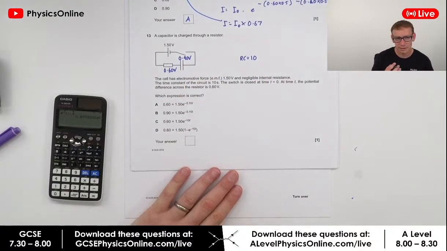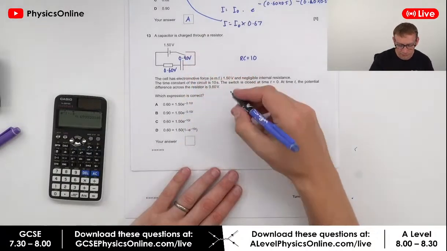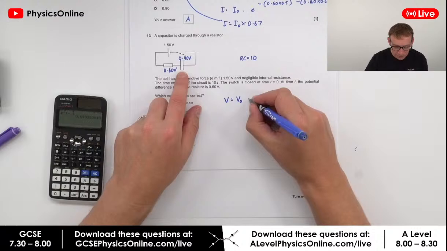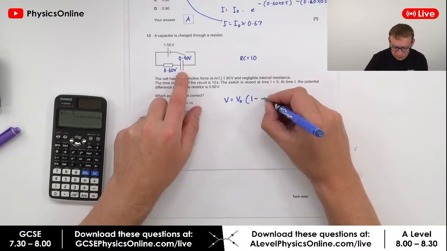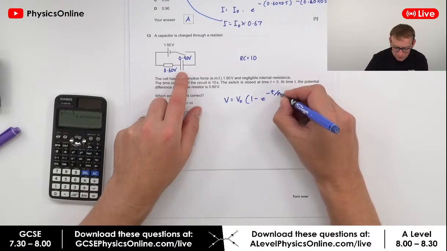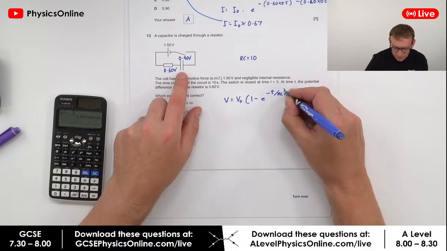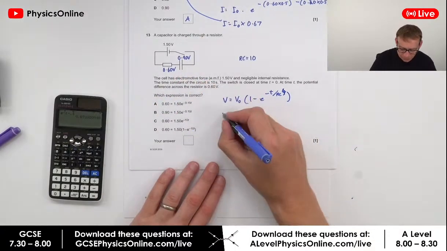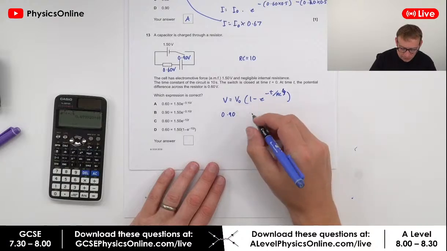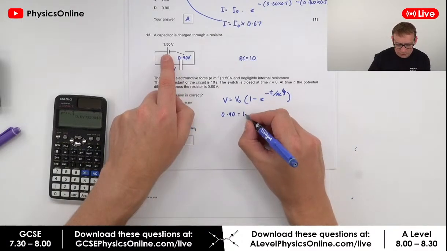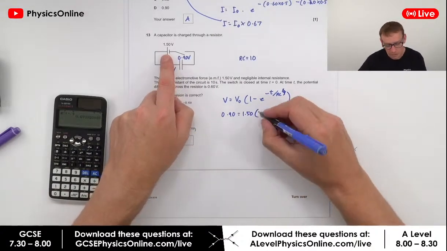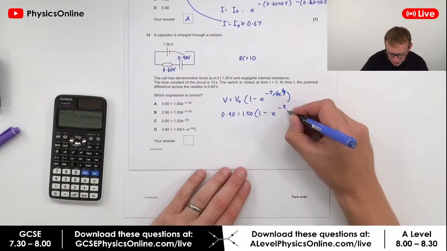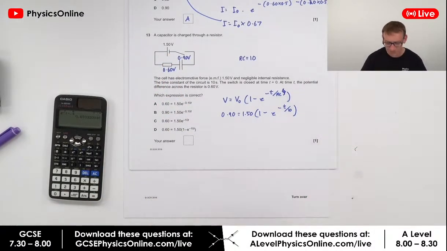Okay, and because it's something which is charging up, we can say that the potential difference across this is going to be equal to V0 times 1 minus e to the minus t over RC. So that's the thing we're going to start with. Now the potential difference across it is 0.90 equals the original, which is 1.50, multiplied by 1 minus e to the minus t over 10.